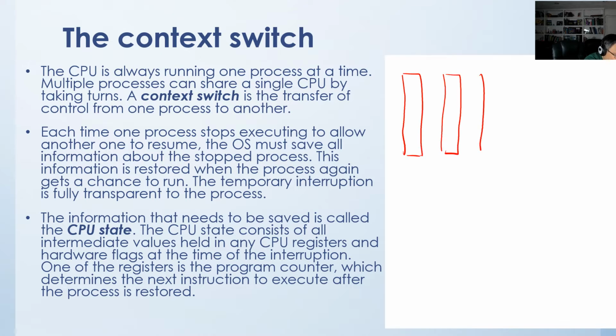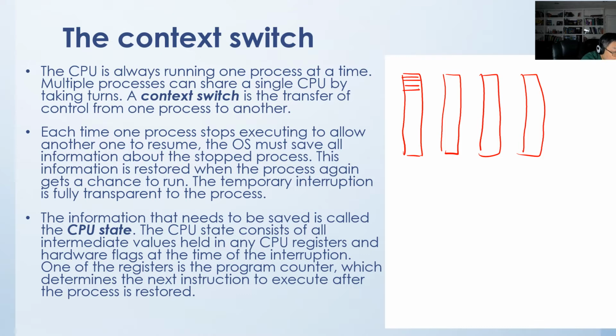Now suppose I have 4 processes running simultaneously. But at any particular time, the CPU is only running one process. That means the CPU is only executing the instructions of one process.